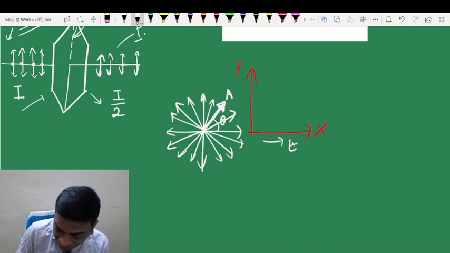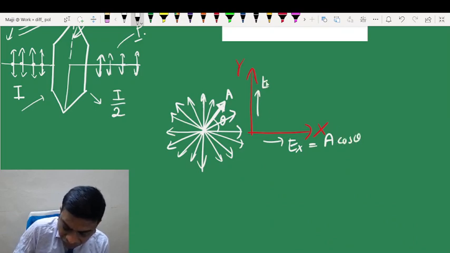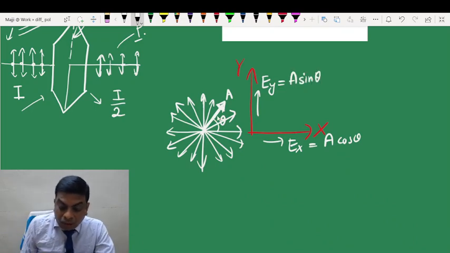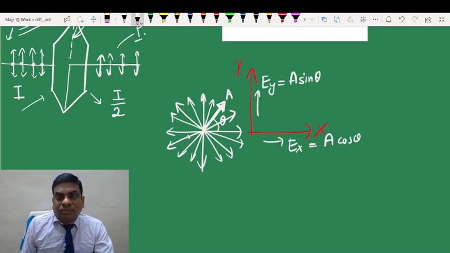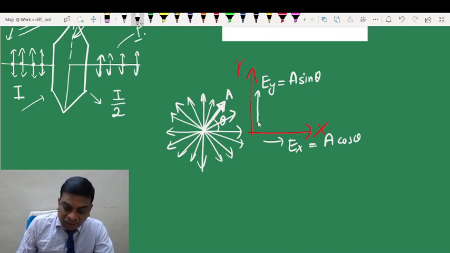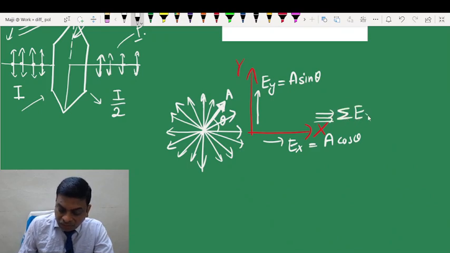So it will have an x component. The electric field will have an x component equal to A cos theta, and also it will have a y component which is A sin theta. In other words, all the electric field vectors can be resolved along x and y components, so that finally you have only two components, that is the summation of all the x components along the x-axis, this way, and the summation of all the components along the y-axis in this way.